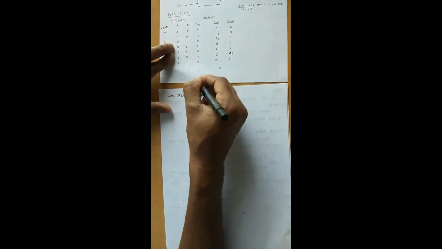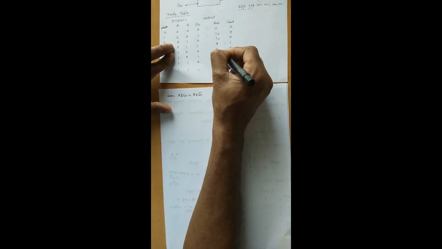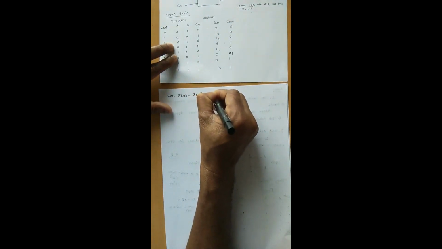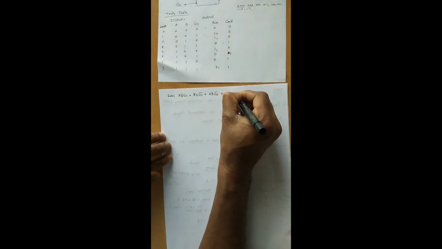For this one, A bar, B, C in bar. For this one, A, B bar, C in bar, as well as for this one the values are A, B, C in.